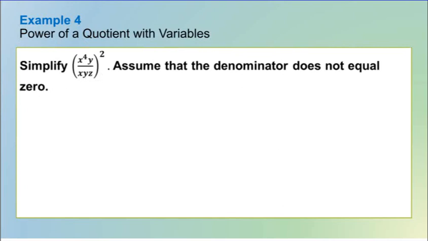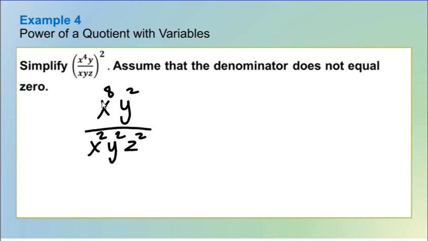Example 4, assume that the power is not 0 on this one. So I need to raise everything to the second power. So this would be x to the 8th power y squared all over x squared, y squared, z squared. Now here we still have common parts in the numerator and denominator. When you divide like bases, you subtract the exponents.